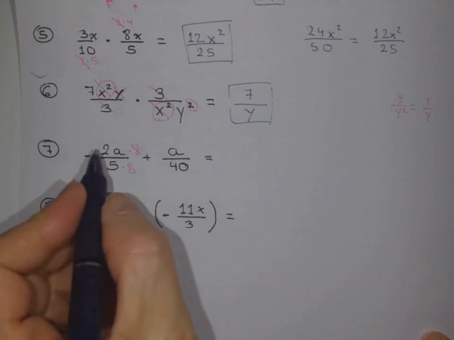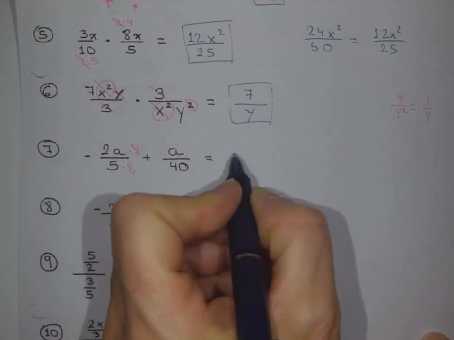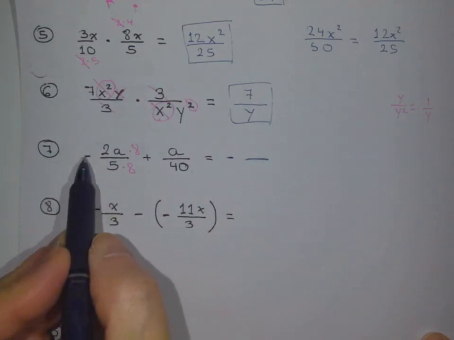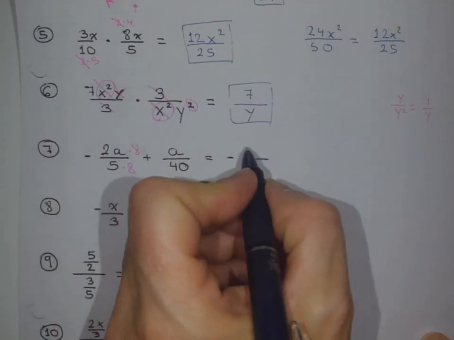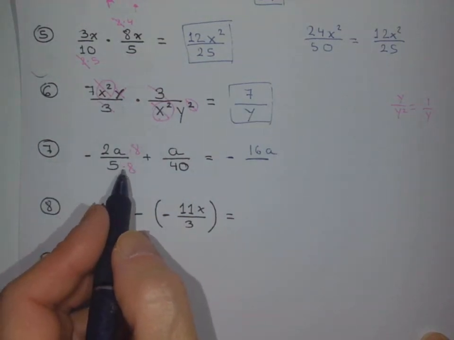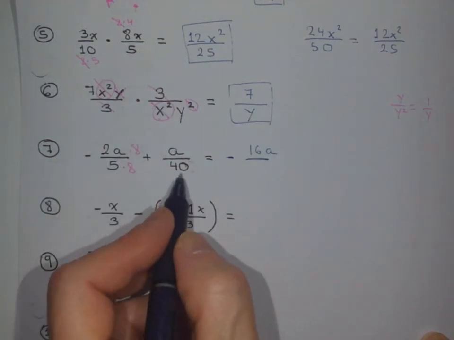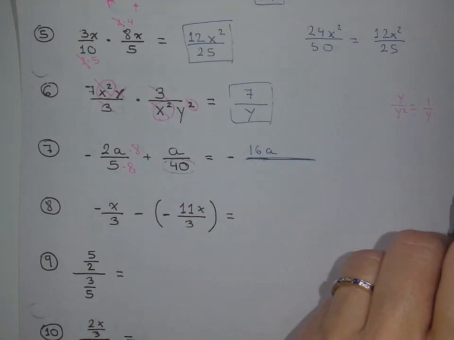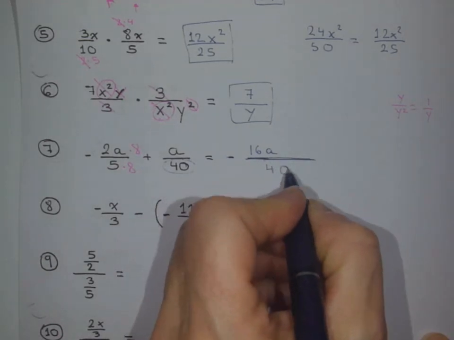And so that will be, I have a negative in the front, so don't forget that negative there. Just put it there, and then 2 times 8 is 16 on your A, and then 40 will be my common denominator for both of those, so I'm going to go ahead and write that 40 there.